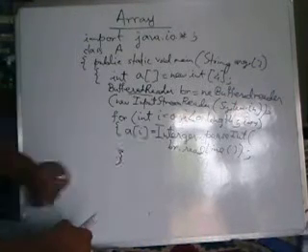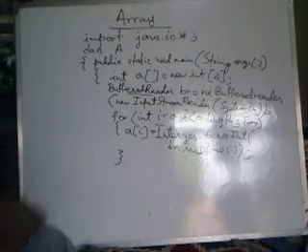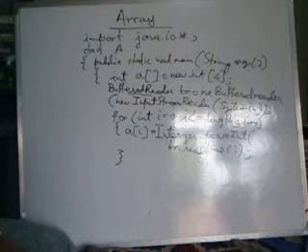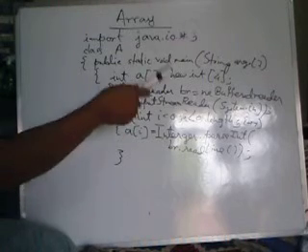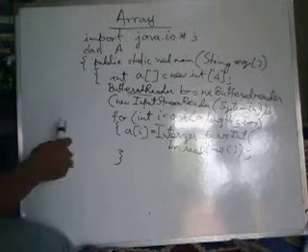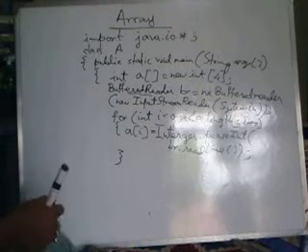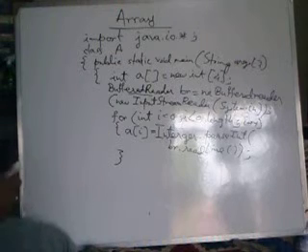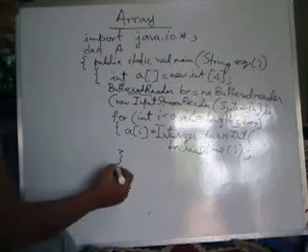Then the value of i will become 2, 2 is once again less than 4, so it will take input within A[2]. In this way up to A[3], because we know when the array size is 4, actually the indexes will be 0, 1, 2, 3. So this is how we have taken input within the array.